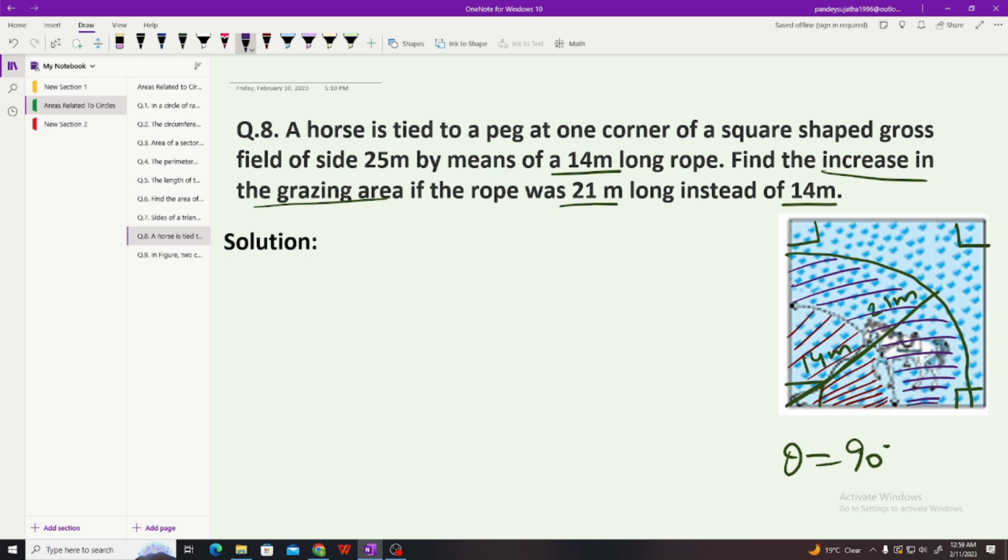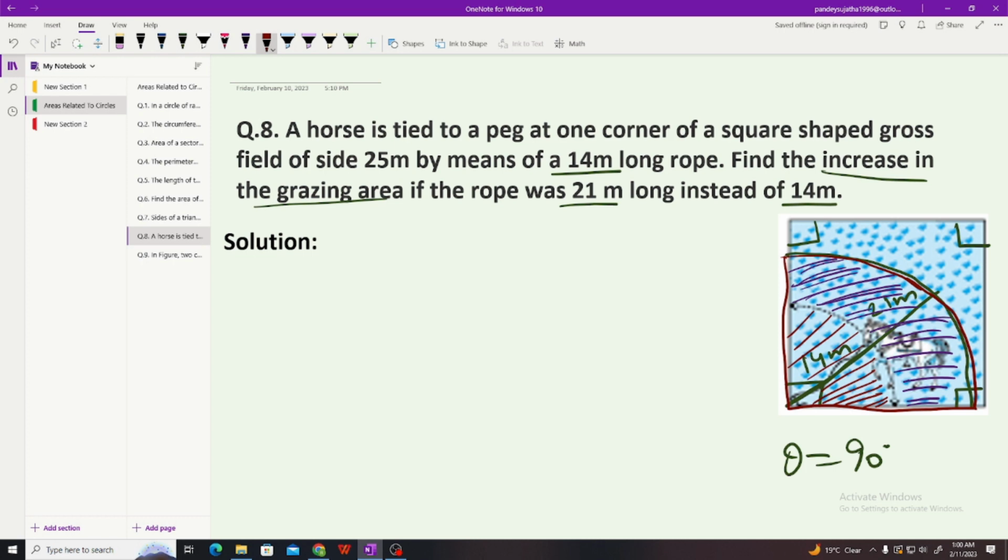in the grazing area. So to find this increase in the grazing area, we are going to find the area of sector, that is this, where radius is 21 meter.